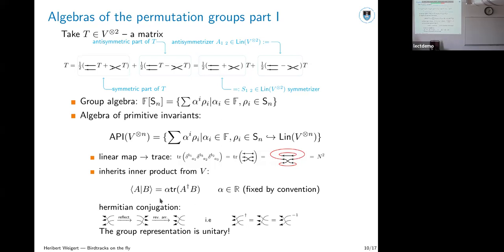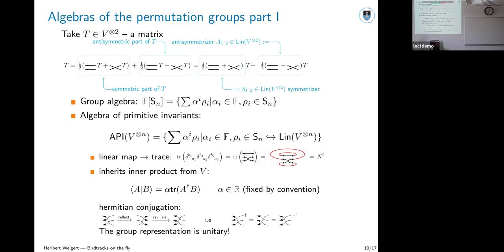Once you have an inner product, you can also talk about Hermitian conjugation. And in this situation, if you look at what is going on here and draw a couple of examples, you see that it actually amounts to reflecting the diagram, if you have a Brauer diagram for this, and reversing the arrows.